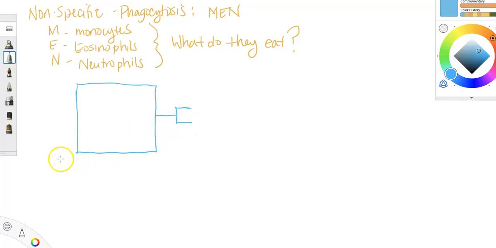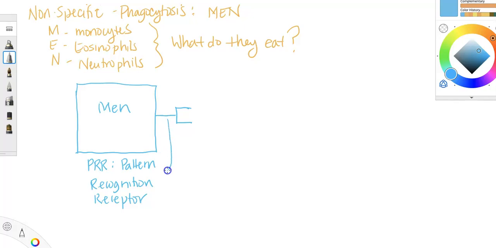It's called a PRR, or a pattern recognition receptor. So I'll just name this men. Okay, so they have this little receptor thing on it, okay? So that's what that is.